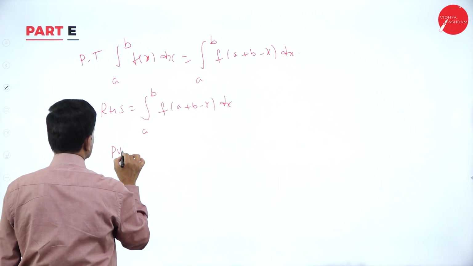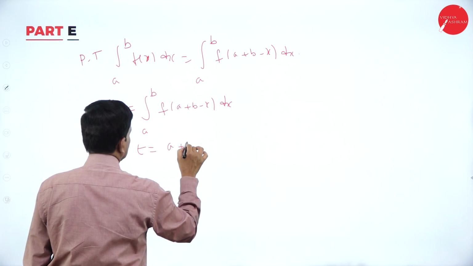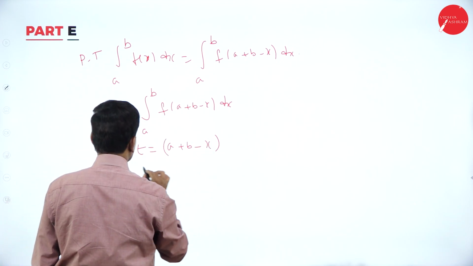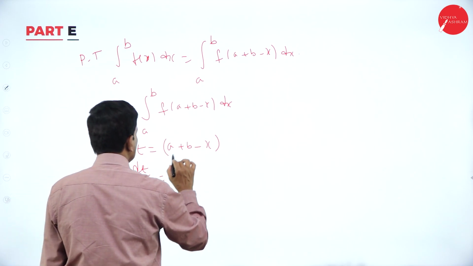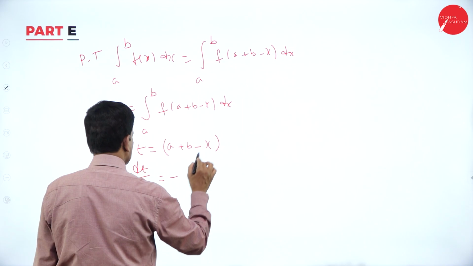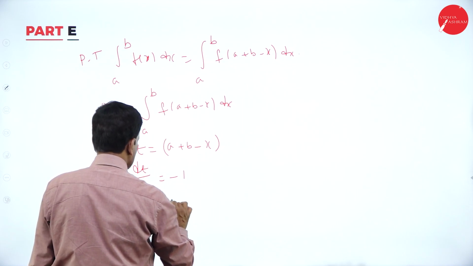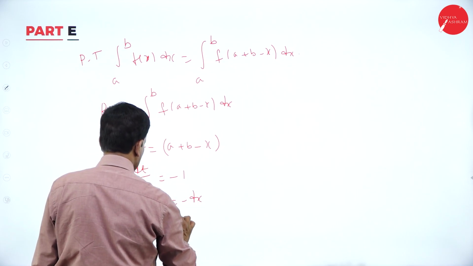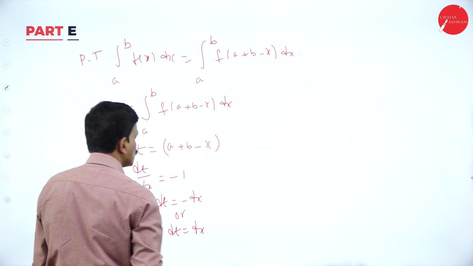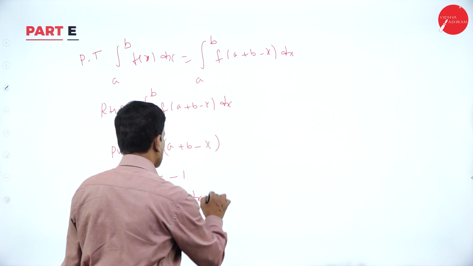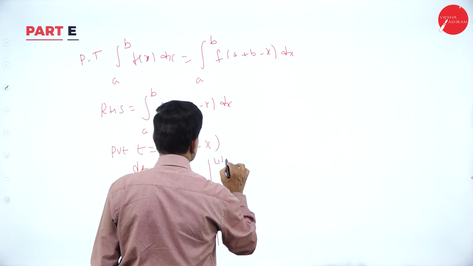Now, put t is equal to a plus b minus x. Differentiate this. dt by dx is equal to a constant 0, b constant 0, minus 1, as the differentiation of x is 1. dt is equal to minus dx, or minus dt is equal to dx. Whenever substitutions are taken, the value of the limit also changes.